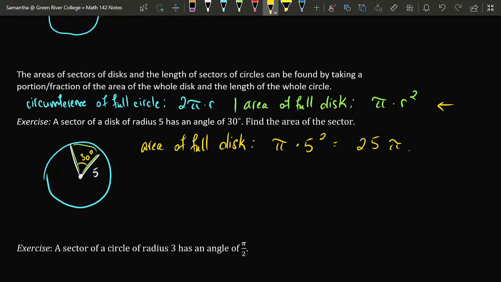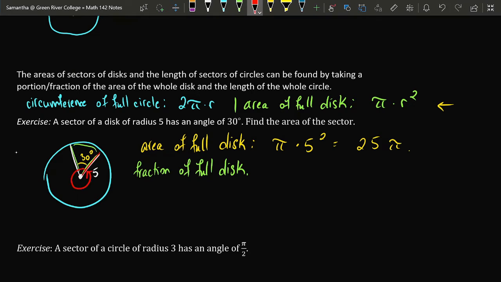Now we don't have the full disk, we only have a fraction of the full disk. Exactly what fraction of the full disk do we have? We can figure out the fraction of the disk that we possess by looking at the central angle and comparing it to the angle that would correspond to having the entire disk. To get the entire disk, we would need a central angle that goes all the way around.